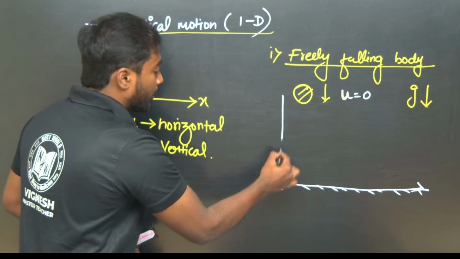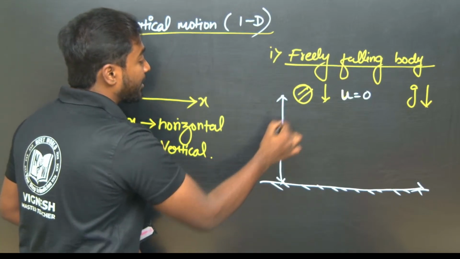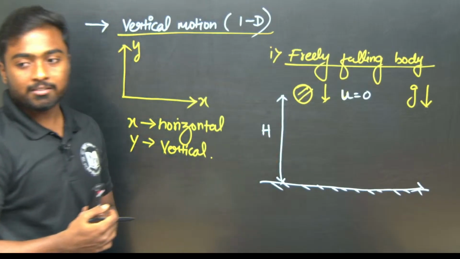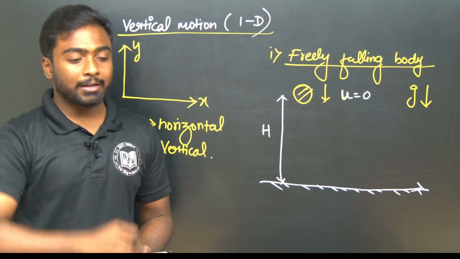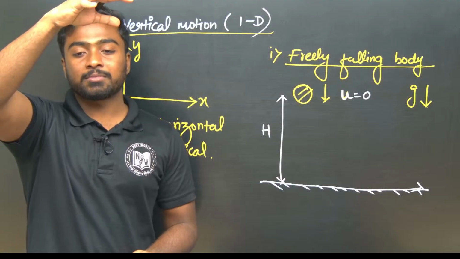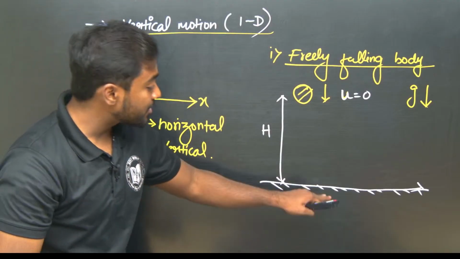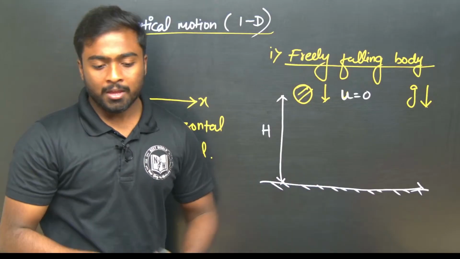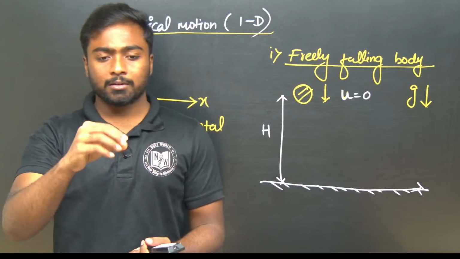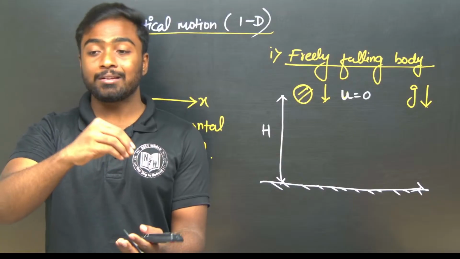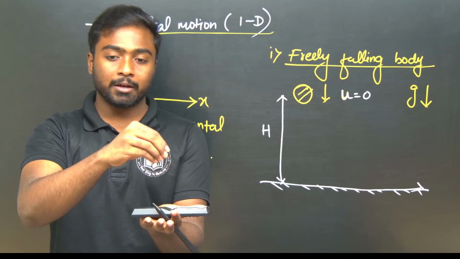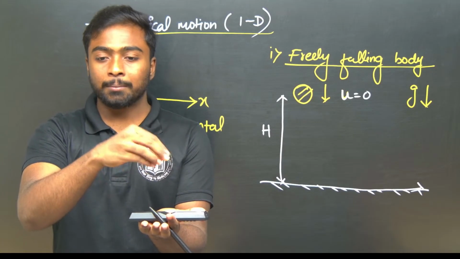So I am leaving the object at a height h, and it travels h distance and reaches the earth. If I leave the object from 1 centimeter, some impact will take place.